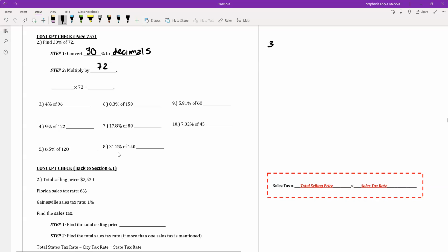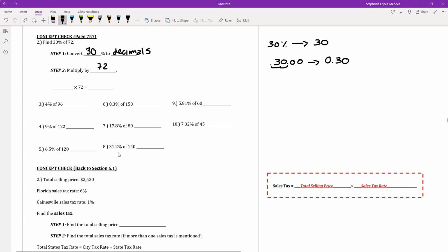I have 30%. Step number 1, we drop the sign, we get 30. We write down 30.00 since it's a whole number, and we move the point 2 times to the left. 30 is still a number before 100, or less than 100, so I still need to add the 0. 0 point and just write again 30.